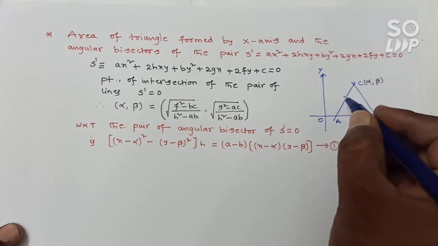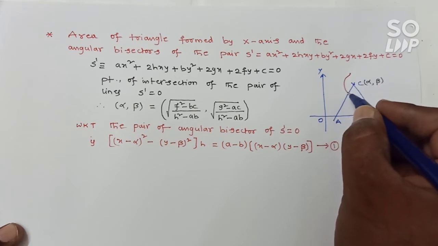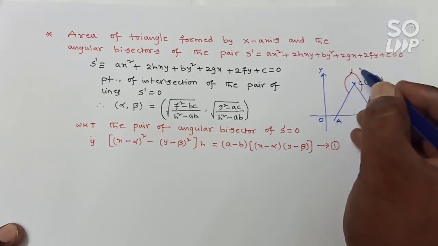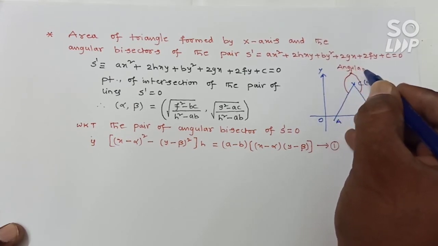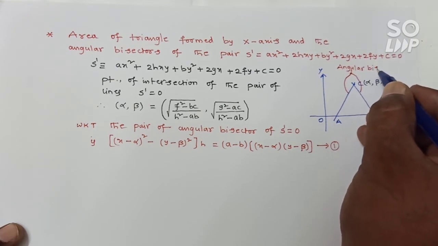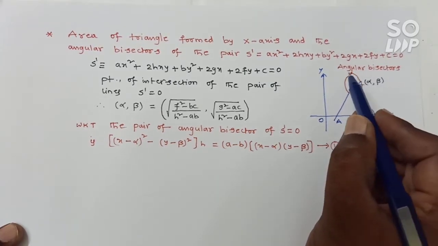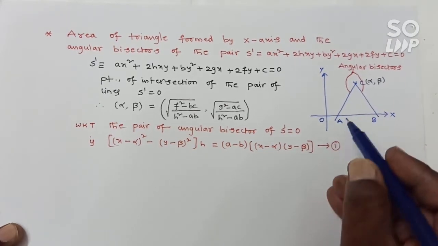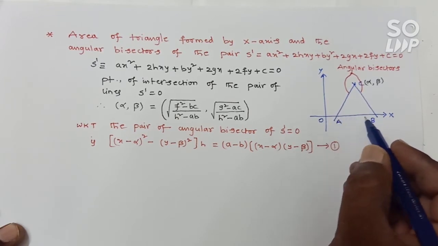See here, these are the angular bisectors. These two lines AC and BC are the angular bisectors. These two lines form a triangle with the x-axis.